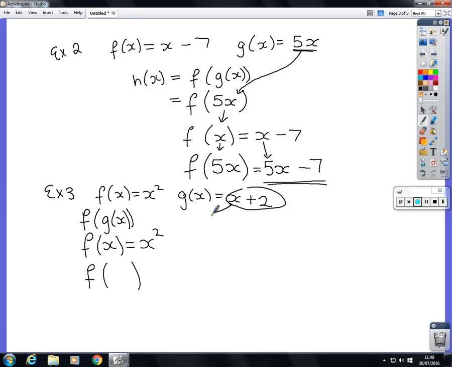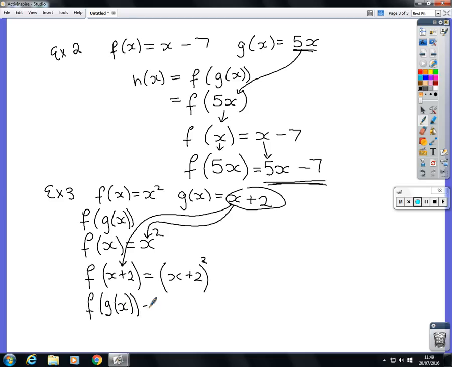X plus 2 goes in here. Instead of x squared we have x plus 2 all squared. And that is f of g of x. X plus 2 all squared.